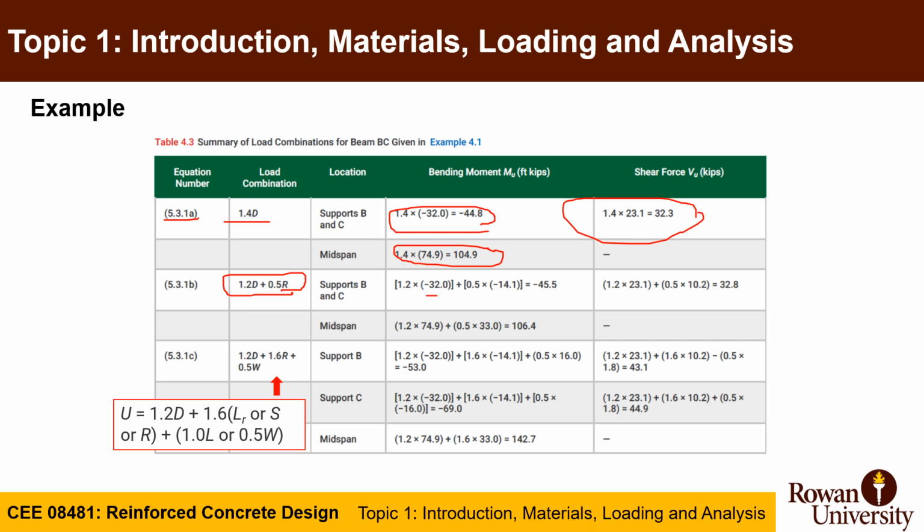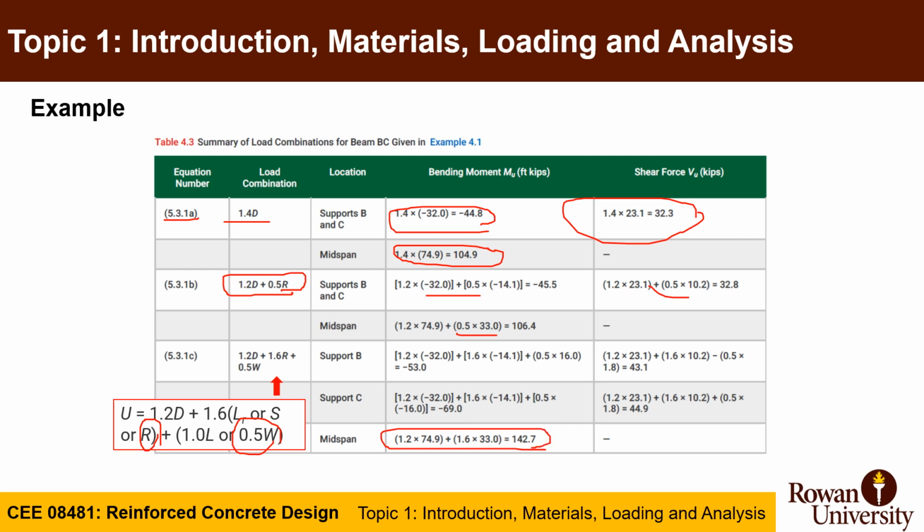And here is at support, midspan, and shear. And this equation, which is 1.2 plus 1.6 LR or S or R, is going to be R because it's higher, and you have 0.5 wind. But remember, wind at midspan is almost going to be 0, so you don't have the third part.